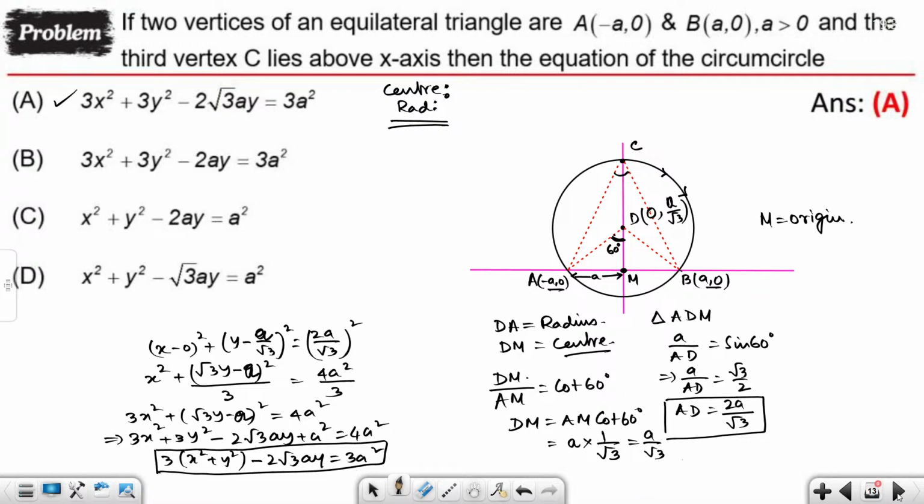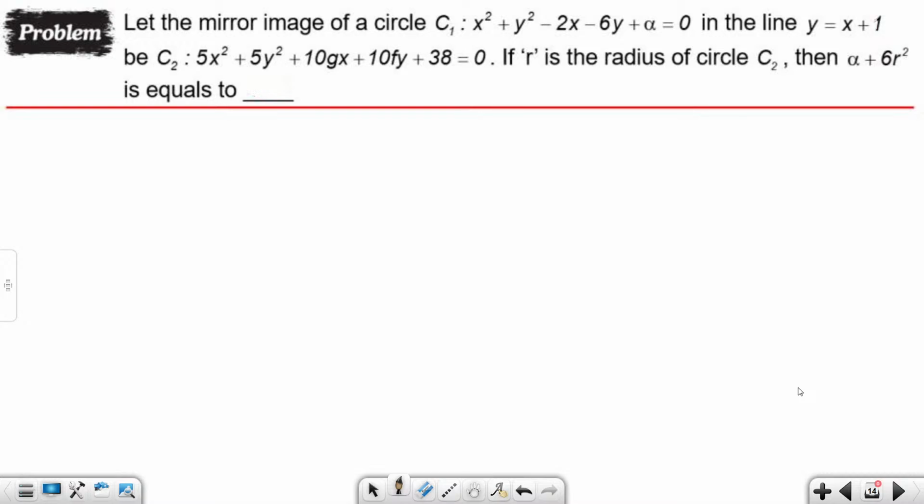Okay. Let us do another problem. Let the mirror image of the circle. So C1 is a circle which is given to us.